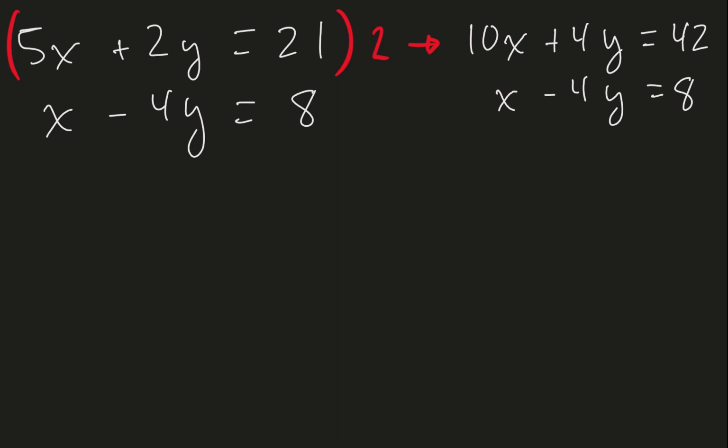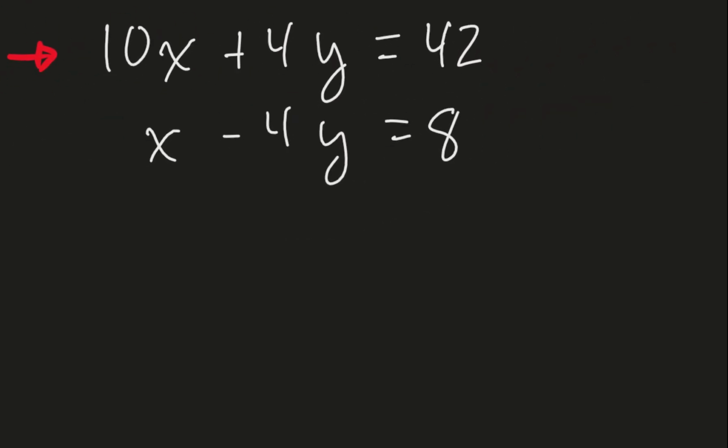Now my top equation says that I have equal things, right? 10x plus 4y is 42. My bottom equation says I also have equal things. x minus 4y is equal to 8. So what I'm doing mathematically is taking the equal things in the top equation and adding to each side of that the equal things on the bottom equation.